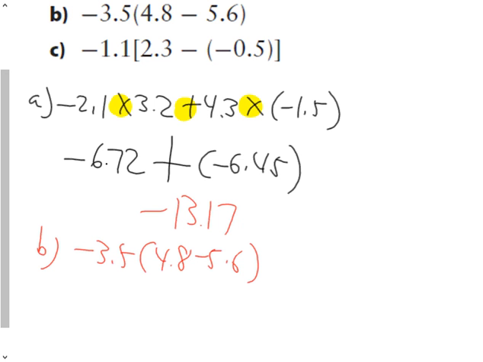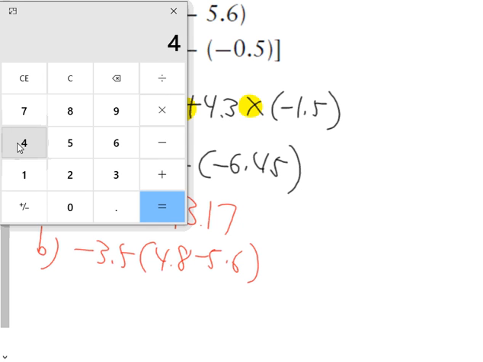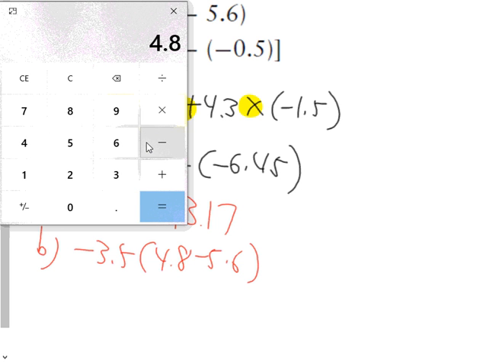Question B says negative 3.5 multiplied by the difference between 4.8 and 5.6, or 4.8 take away 5.6. So according to BEDMAS, we're going to do our brackets first. Now, because you're allowed to use a calculator, 4.8 take away 5.6, I know it's going to be less than 0. It's negative 0.8.